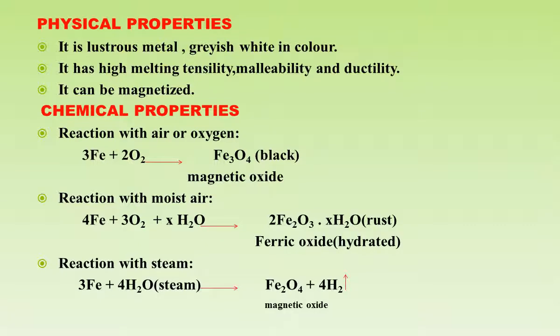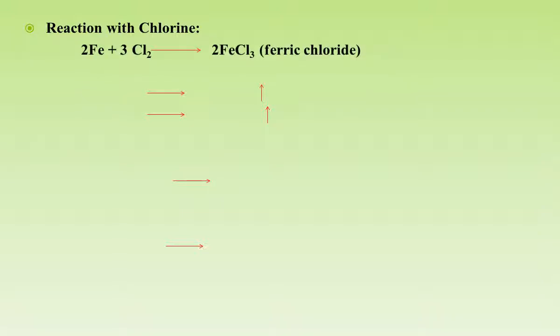So that is the reaction of steam. Next chemical property is reaction with chlorine. Iron combines with chlorine and we get ferric chloride.